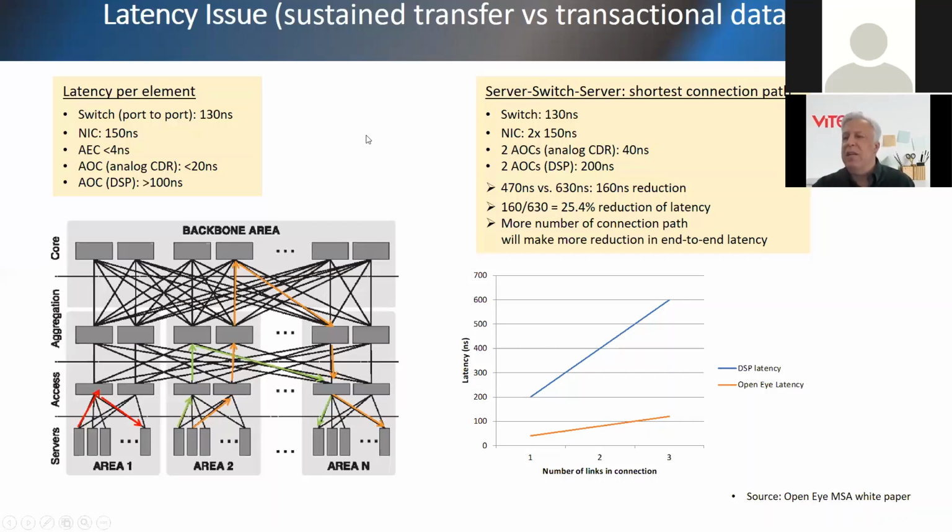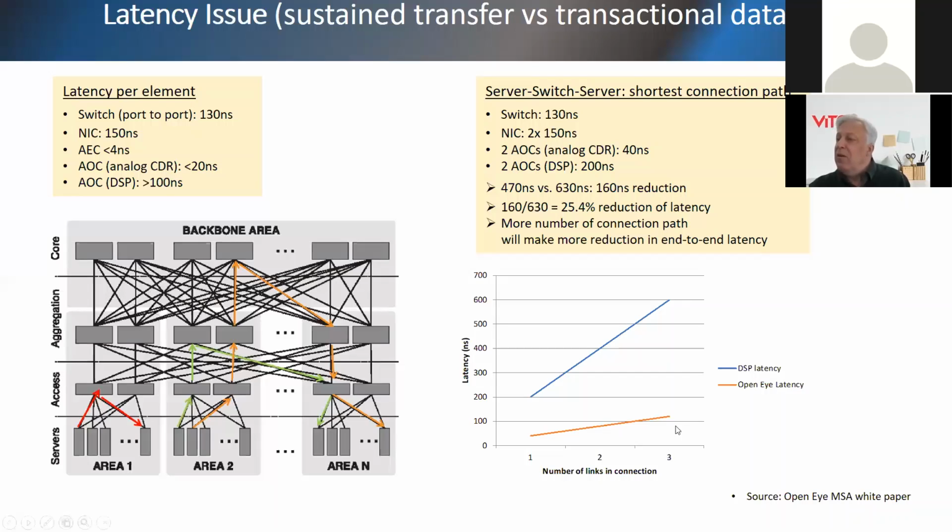And if you take a look at the graph to the lower right, you can see this graph just shows the links in a connection. If you just look at 3 links at 20 nanoseconds, with maybe a switch and a network interface card, you might be talking about 150 nanoseconds.